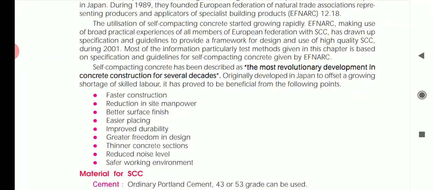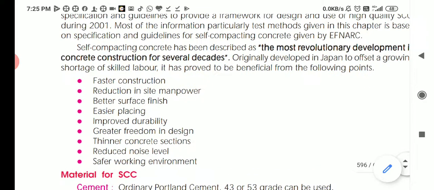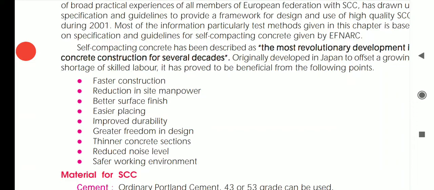Self-compacting concrete has been described as the most revolutionary development in concrete construction for several decades. Originally developed in Japan to offset a growing shortage of skilled labor, it has proven to be beneficial in the following points: faster in construction because the compaction time will be saved, reduction in site manpower, no man is required for compacting the concrete, better surface finish, easier placing, improved durability, greater freedom to design, thinner concrete sections, reduced noise level.